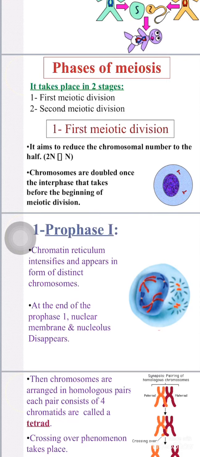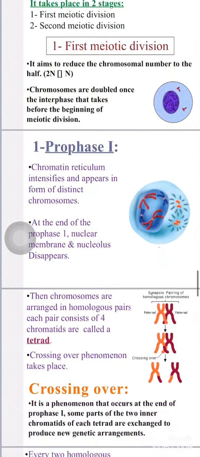Okay? So prophase 1: the chromatin reticulum intensifies and appears in the form of chromosomes. Okay? The nuclear membrane disappears, the nucleolus disappears, and the spindle fibers start to form and extend between the two poles. Then the chromosomes are arranged in homologous pairs.